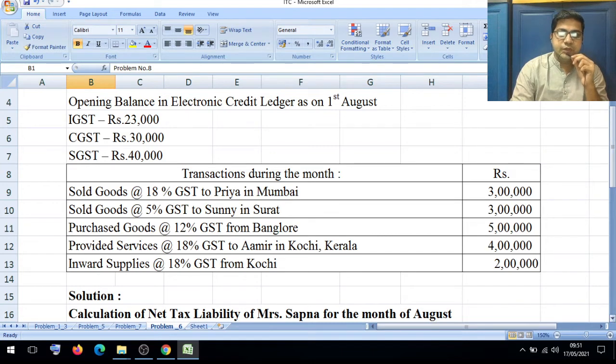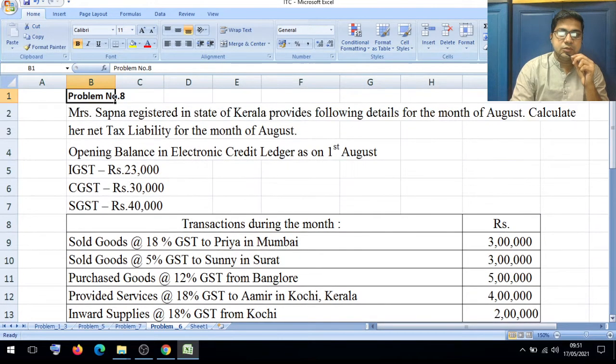Now friends, if you see our question, Mrs. Sapna is a registered dealer in the state of Kerala. It means she is a registered dealer, a service provider and a goods provider, and she did some transactions in the month of August.